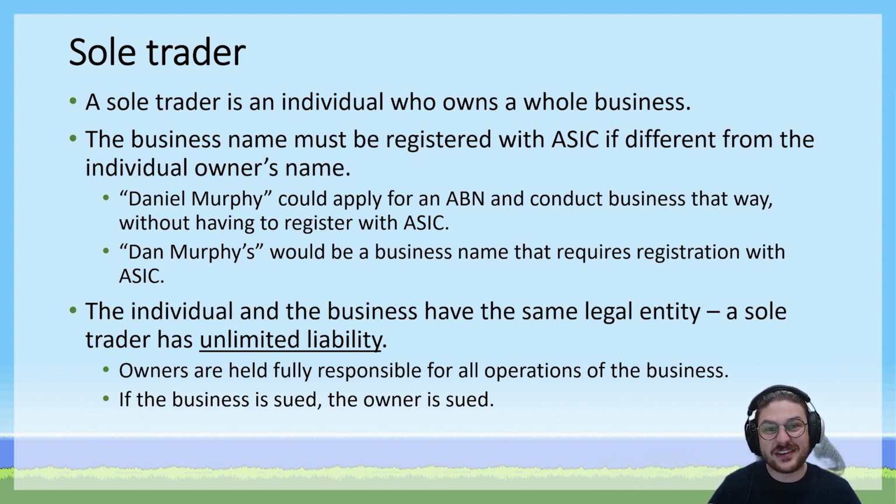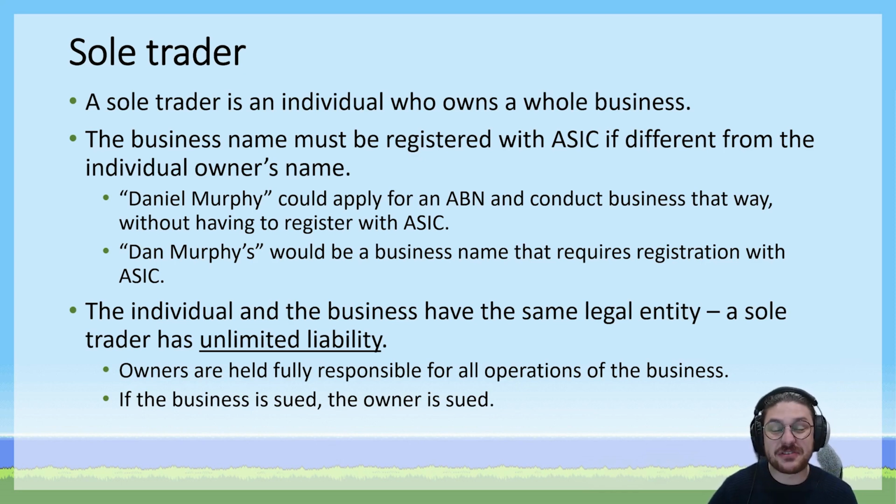If the business that a sole trader owns just uses the owner's name, for example, Daniel Murphy, if your name is Daniel Murphy and you want to sell alcohol out of a shop, you wouldn't have to register your business name with the Australian Securities and Investments Commission, ASIC. However, if you want to give your business a name that's different than your name, or if you're any other business type, you need to register that business name with ASIC.